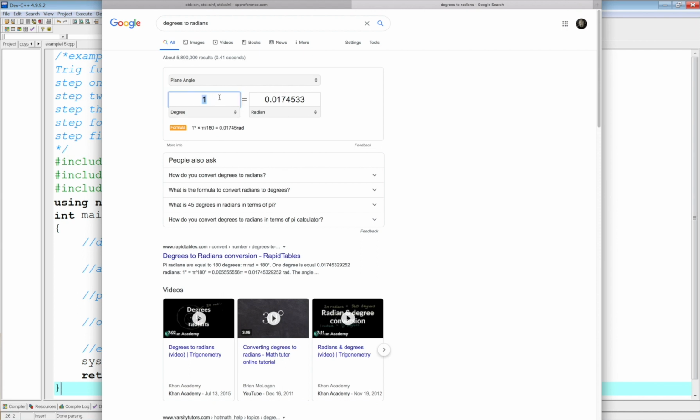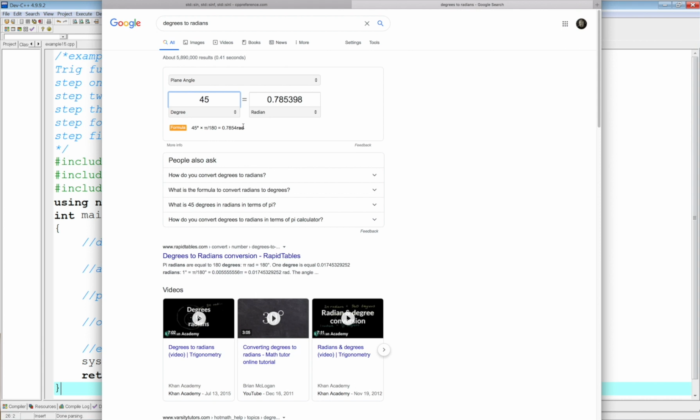So for example, this converter here is an actual application that someone wrote, probably in JavaScript, and put it in here. So if I had my 45 degrees, then 45 degrees, as you can see, is 0.785, depending how much precision you want, radians.